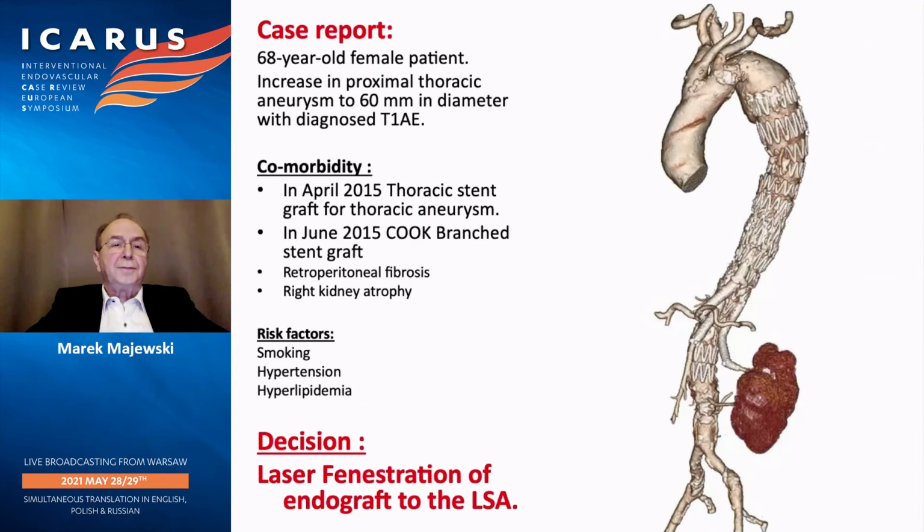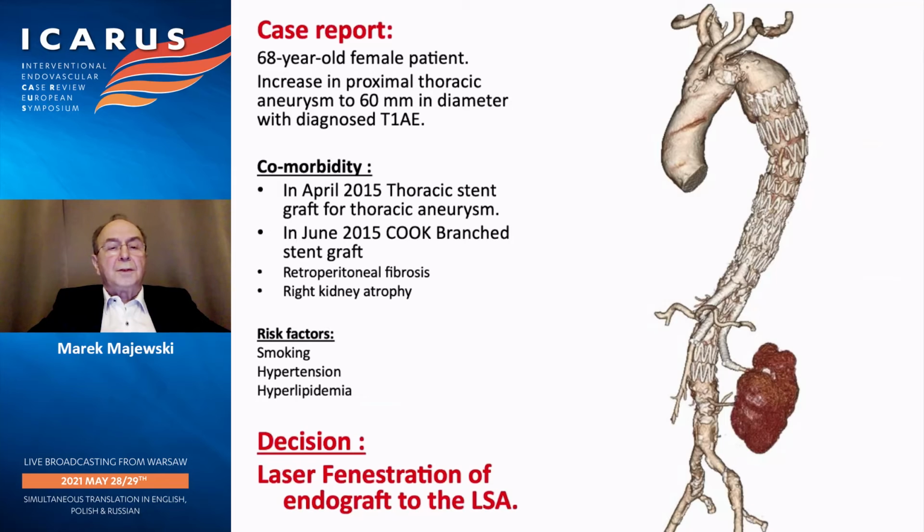Case report: 68-year-old female patient, increase in proximal thoracic aneurysm to 60 millimeters in diameter with diagnosis of type 1 endoleak. Comorbidity: in April 2015, thoracic stent graft for thoracic aneurysm.